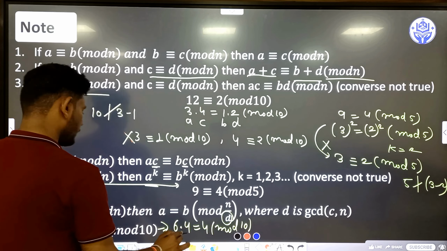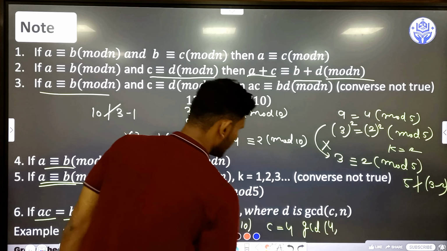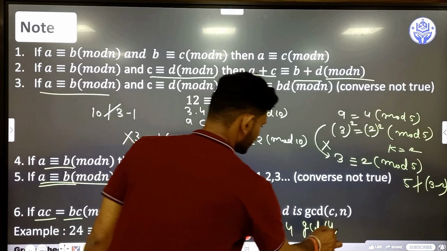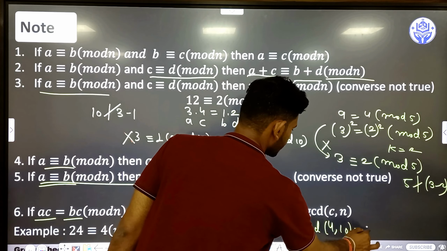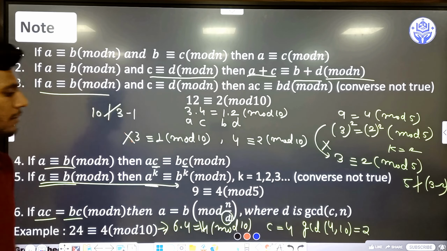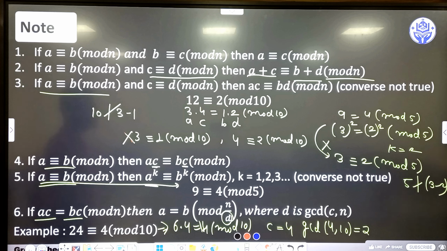Then what is C? C is equal to 4, and what is the GCD of 4 and 10? GCD is 2 for this case.